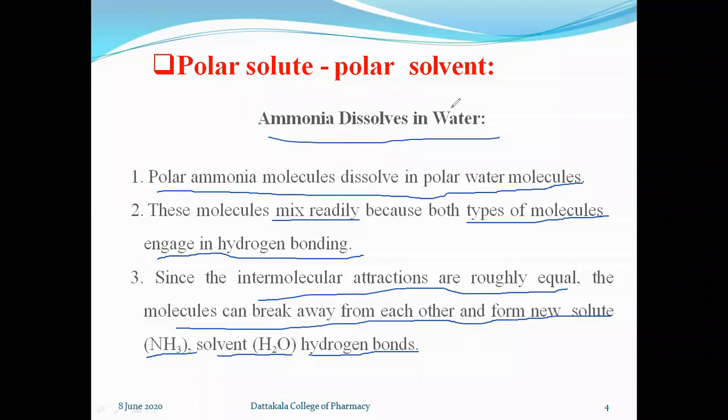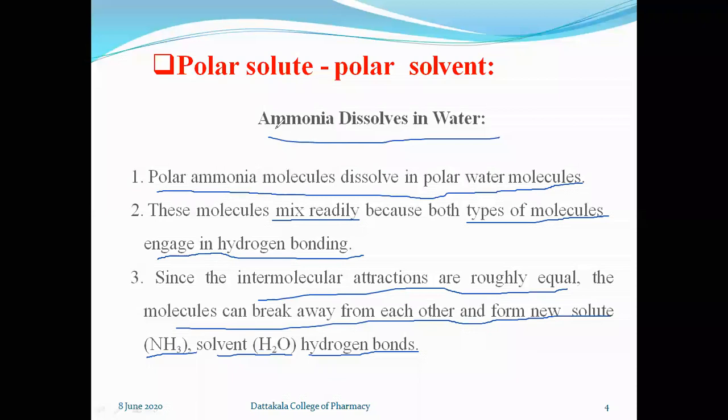To break the solute-solute bonds and the solvent-solvent bonds will not be difficult, because they have the same forces of attraction. And once they break the bonds between the solute-solute and solvent-solvent molecules, these solute molecules will be spread throughout the solvent, that is water.